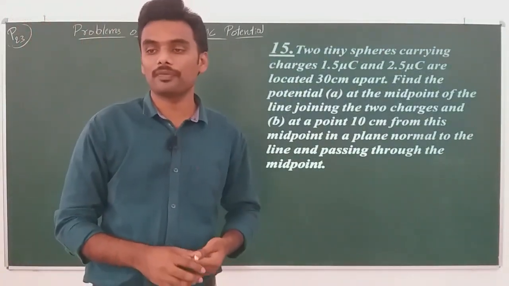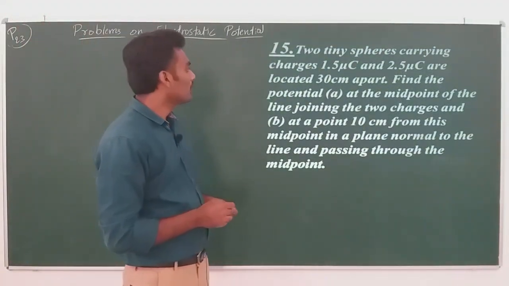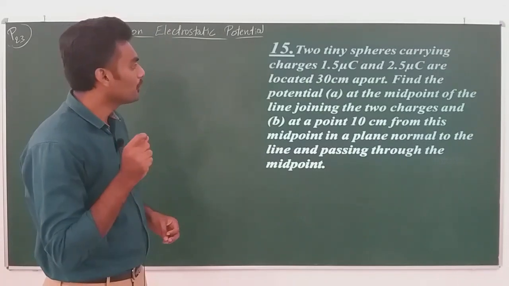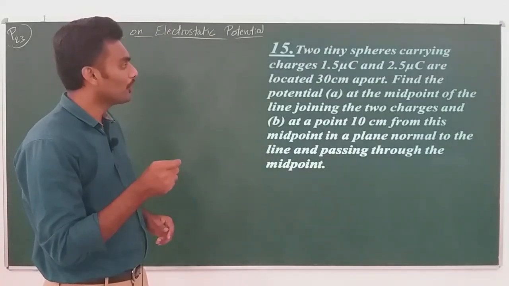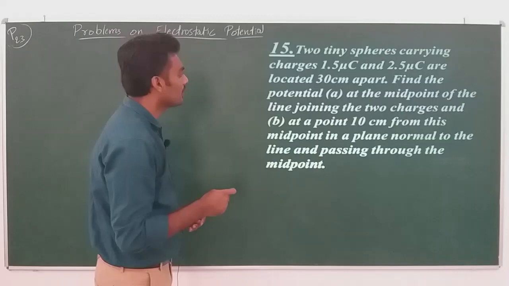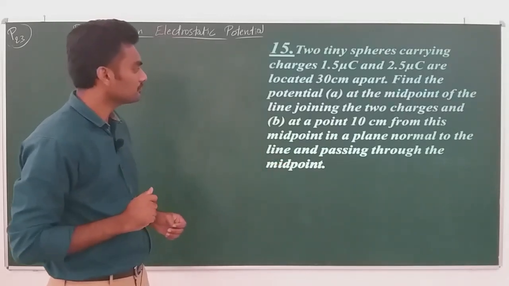Question number 15 is as follows. Two tennis spheres carrying 1.5 microcoulomb and 2.5 microcoulomb are located 30 centimeter apart.